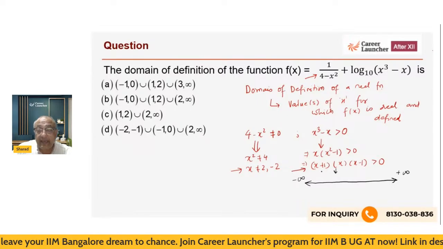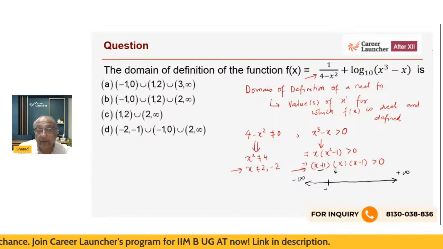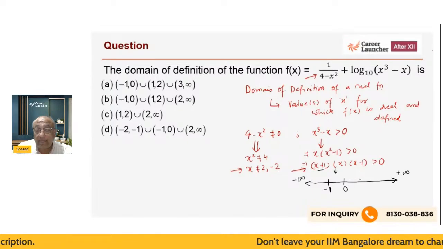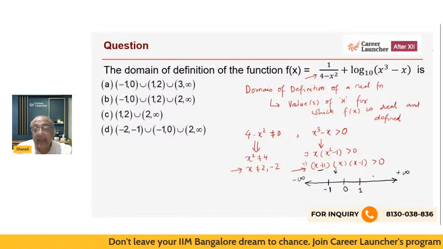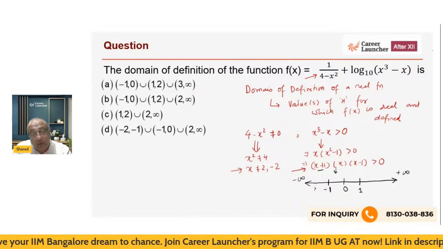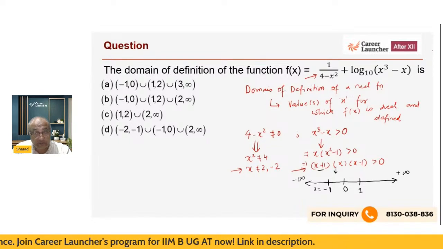For this particular term, 0 is at minus 1, because for x equal to minus 1 this entire expression will become 0. The other one is x equal to 0, and the last one is x equal to 1. Highest value of x over here is plus 1.